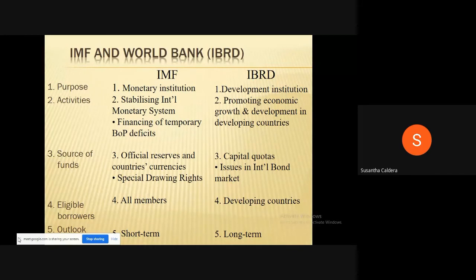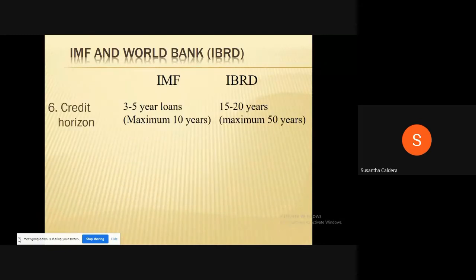I told you, IBRD, only developing countries. And the majority of IMF loans are short term, 2 years, 3 years, 5 years. But IBRD loans are long term. Sometimes they will lend 10 years, 15 years, even up to 20 years. 15 to 20 years is a normal credit horizon, right? Sometimes it can go up to 50 years. For African countries, infrastructure loans go up to 50 years.